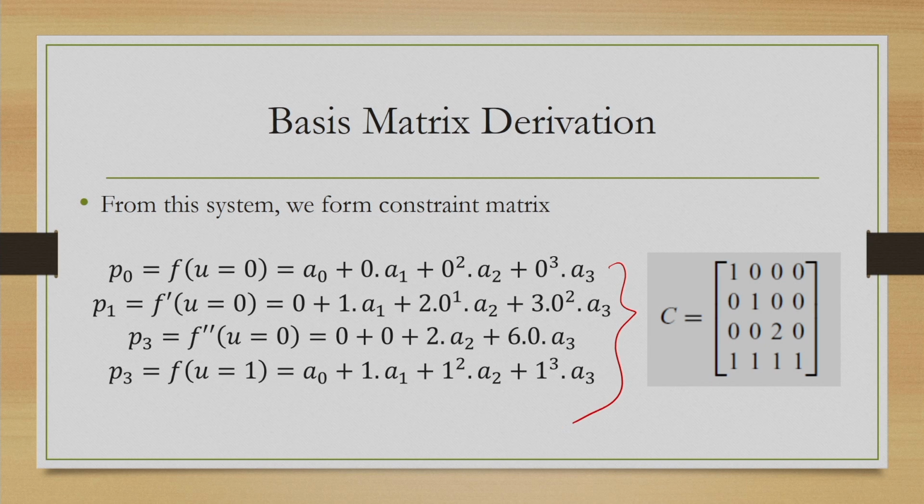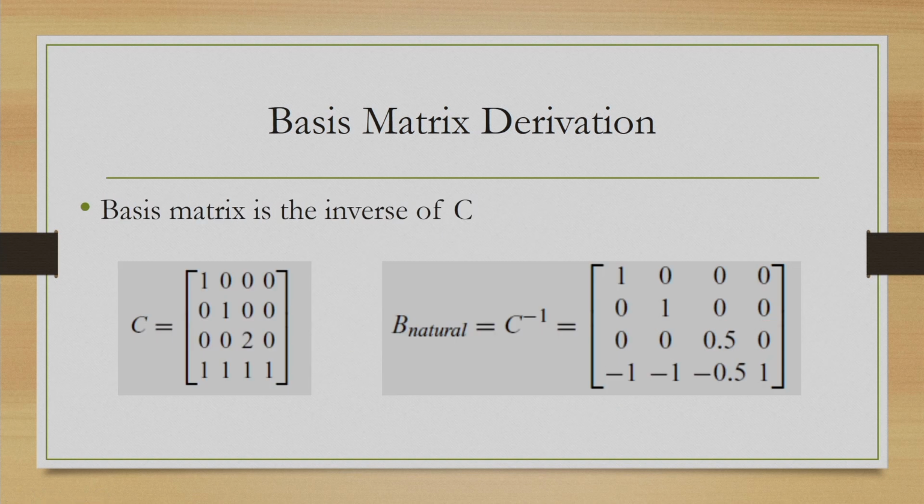From there what we get, as we can see, 1 0 0 0, this is the first row, 0 1 0 0, this is the second row, 0 0 2 0, this is the third row, and finally 1 1 1 1. This is the fourth row. So, just by utilizing these values we get the constraint matrix C.